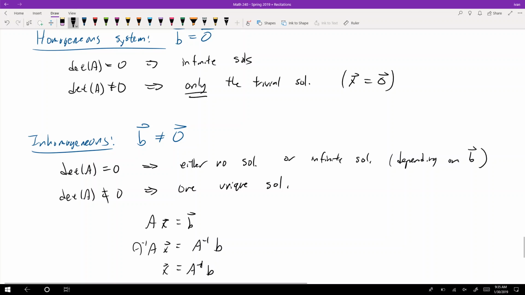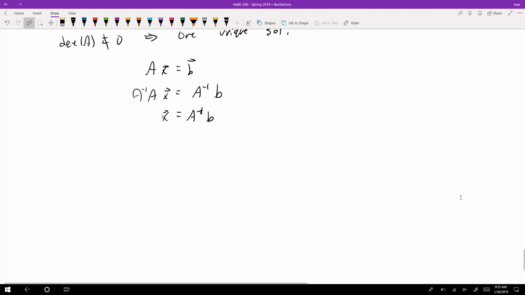let's open up the can of worms that are vector spaces. Vector spaces, all right.